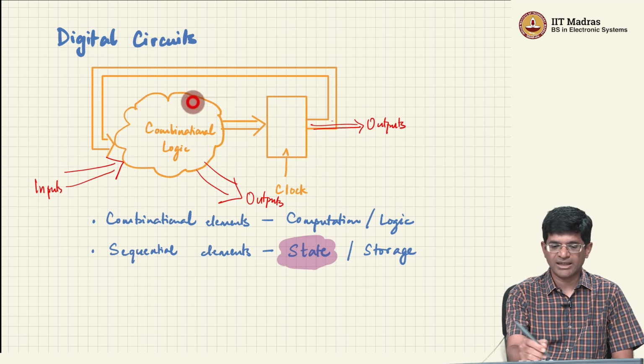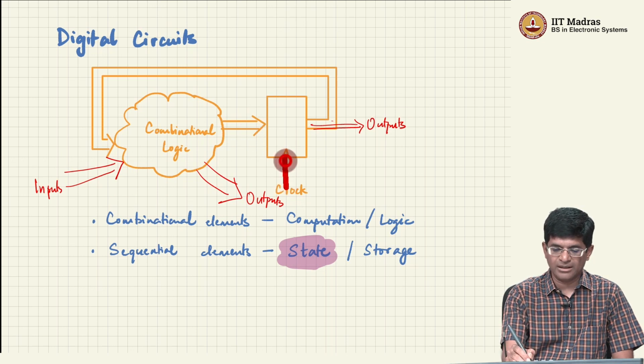difference between this sequential element and the combinational element is that the state stored in the sequential element is dependent not just on the present inputs, but also on when, the time at which a particular signal called the clock had a transition or changed its value, right?